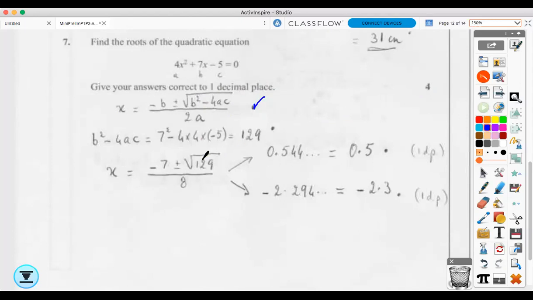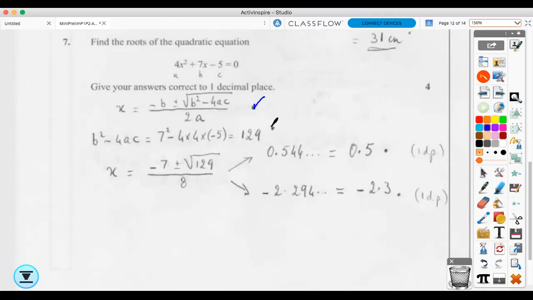The second mark, I've told you guys, try and break this down into smaller chunks so that you've got less chance to make a mistake. 129, because the first thing you do is your discriminant. Type this in your calculator.